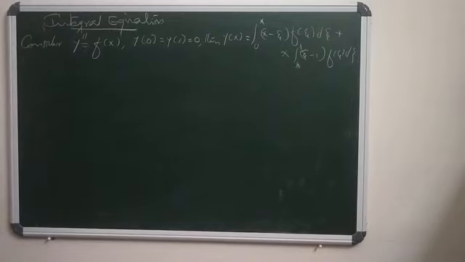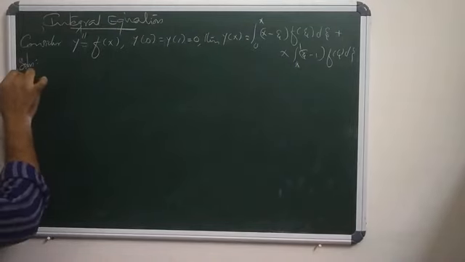And it can be reduced to the form y of x equals integral 0 to 1 k of x, theta f of theta d theta, where k of x, theta is the kernel, that is theta into x minus 1 if theta is less than x, and x into theta minus 1 if theta is greater than x. So how?